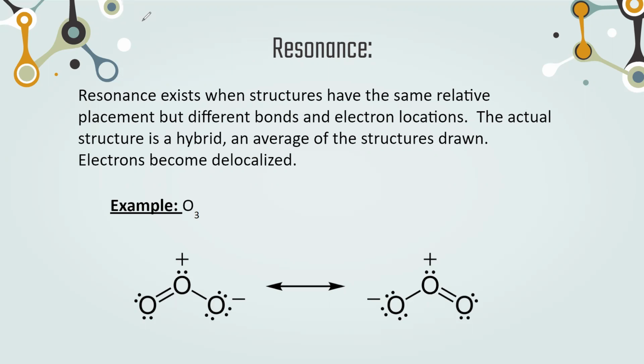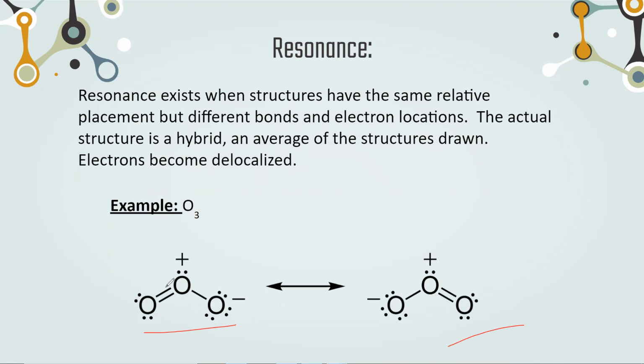Resonance structures exist because electrons can move. So in O3, which is our example down here, we're seeing delocalized charges happening, and that happens again because of the movement of electrons. To get from this structure on the left to this structure on the right, this double bond is hopping around.